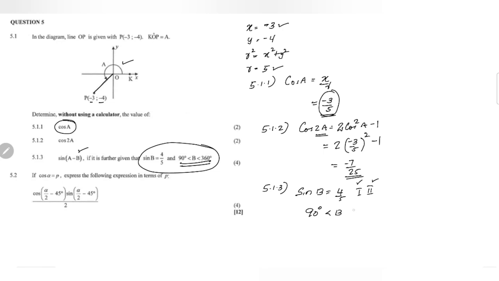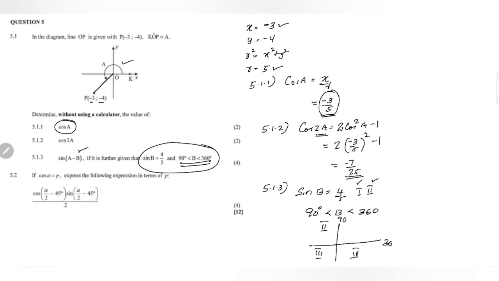That angle must be in between 90 and 360, which means what are the quadrants? The possibilities are, let me draw it here. 90 is here, 360 is here. So angle B is supposed to be either in the second quadrant, third quadrant, or fourth quadrant.